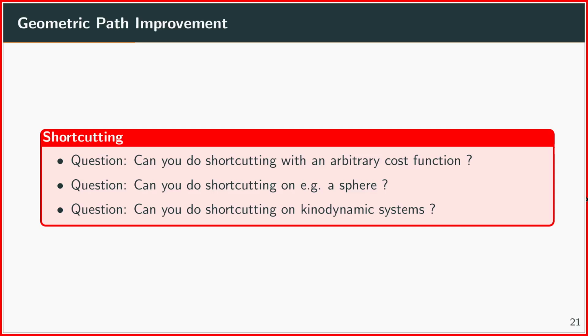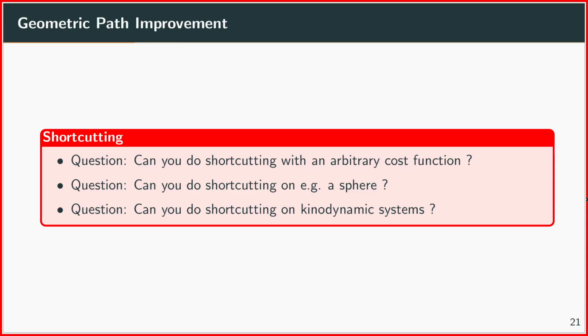Yeah. So if you have a steering function, then this would definitely be possible, but if you can only forward propagate, you might never actually end up at the goal node. Of course, if you don't care so much about exactness there, then it might be an option. But in general, that's not possible.